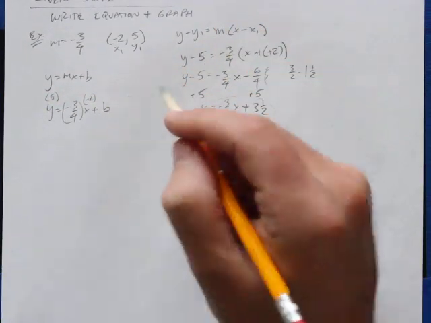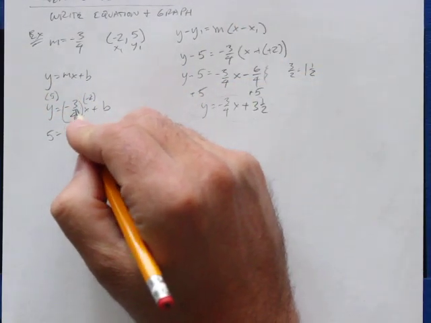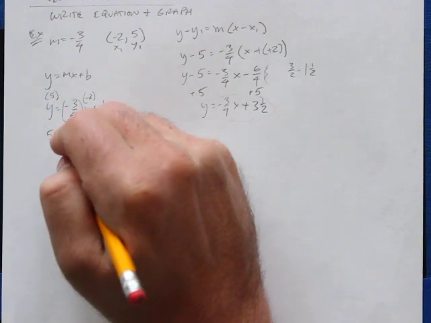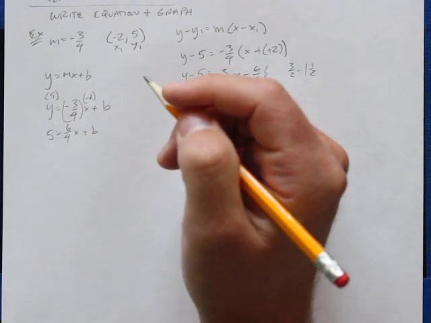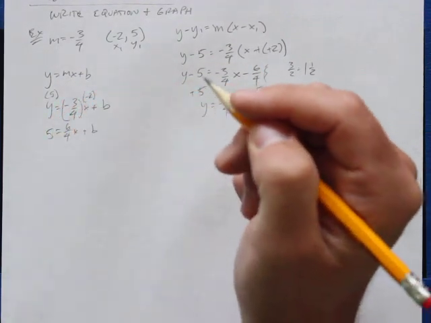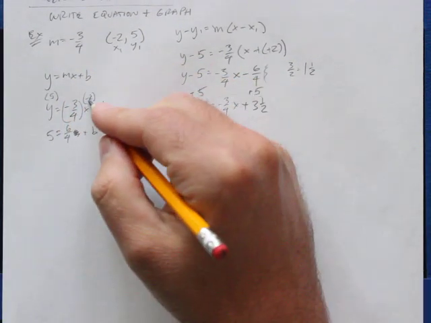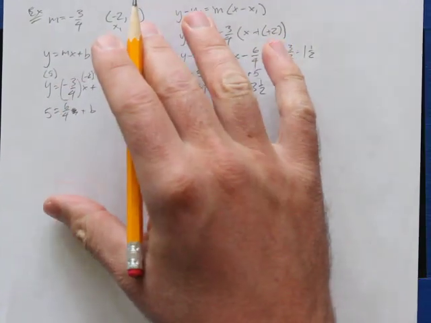And then I just solve for b. And so 5 equals -2 times -3/4 is +6/4, plus b. Oops, not x, sorry. My -2 is x. Okay, sorry about that. All right, let's keep going.